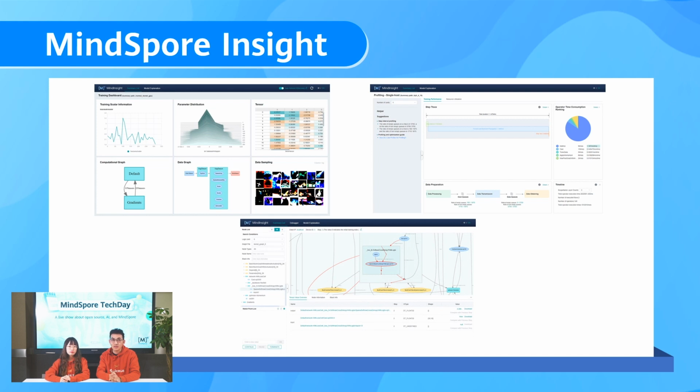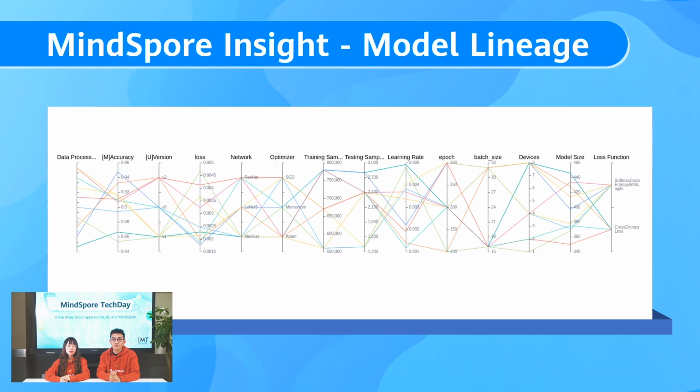Model lineage displays the parameter information of all training models. For example, in the model lineage function area, the model parameter information is visualized. You can select a specific area in the columns to display the model information within that area. And in the model list, you can sort the model information by specified columns.